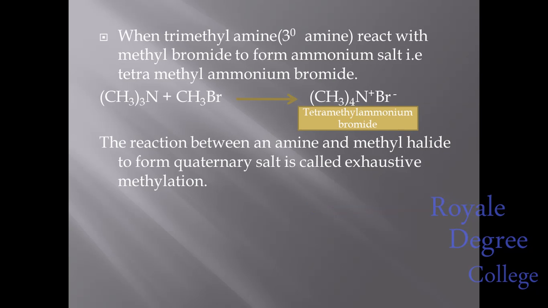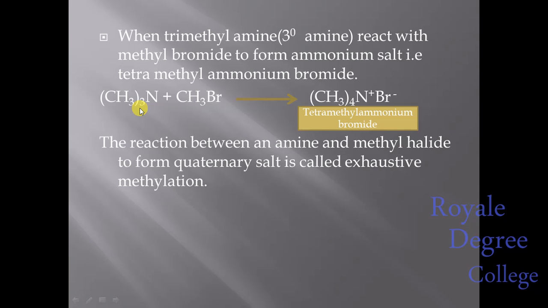Next is when trimethylamine, that is the tertiary amine, reacts with methyl bromide to form ammonium salt, that is tetramethyl ammonium bromide. So we are taking trimethylamine, that is nothing but tertiary amine.